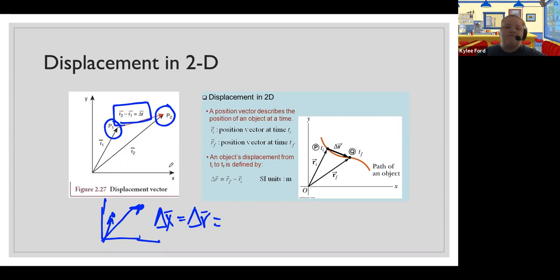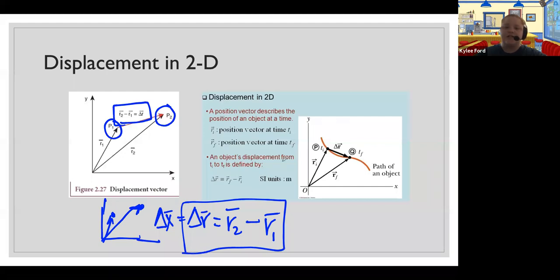We would take our final point, or our second point, r2, that second vector, and subtract our initial vector or initial point, r1. This is what defines our displacement between two vectors.